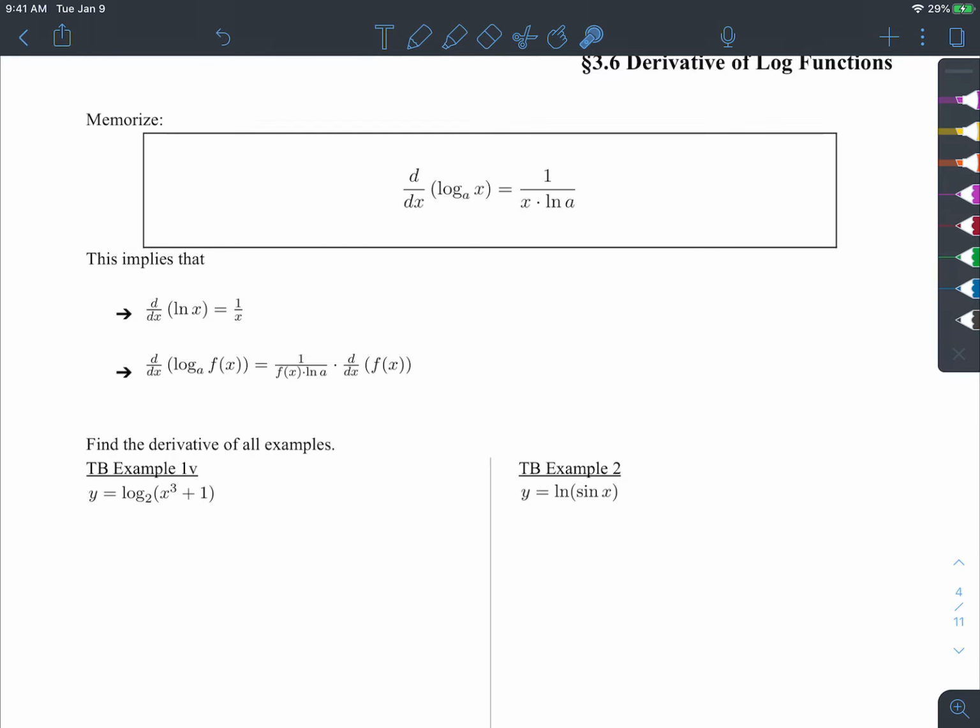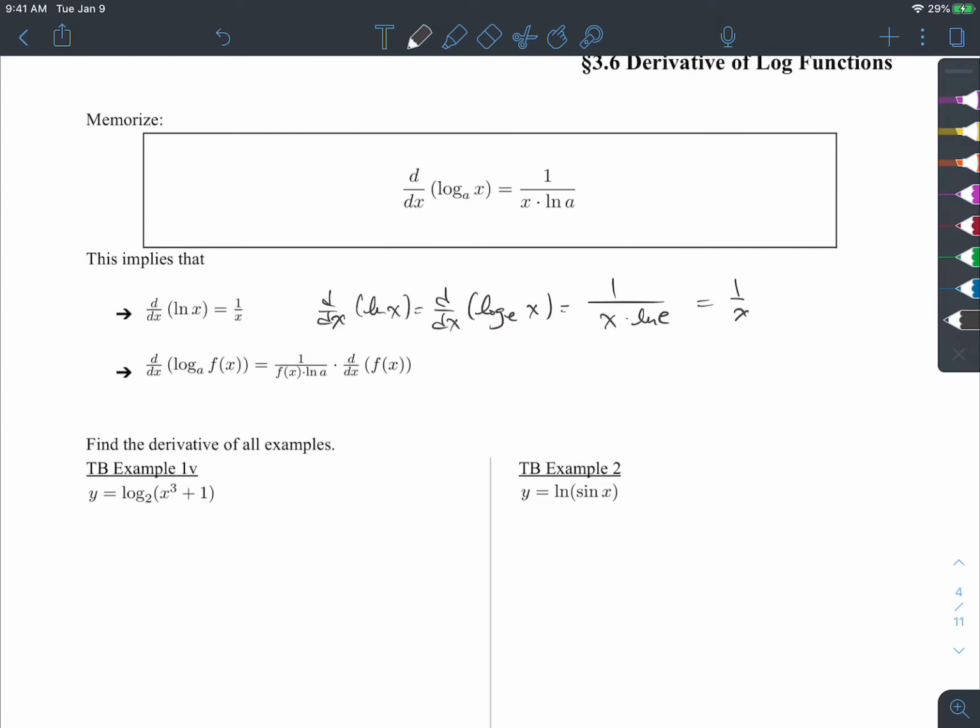This implies that the derivative of ln of x is 1 over x, because the derivative of log base e of x is 1 over x times ln of e, and we know that ln of e is 1, therefore it's 1 over x, right?